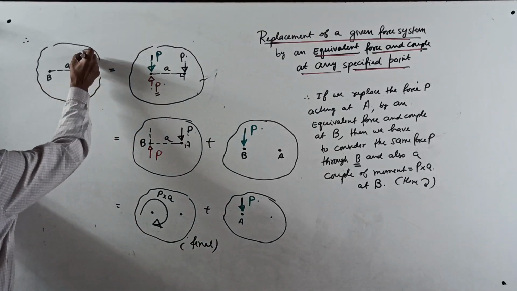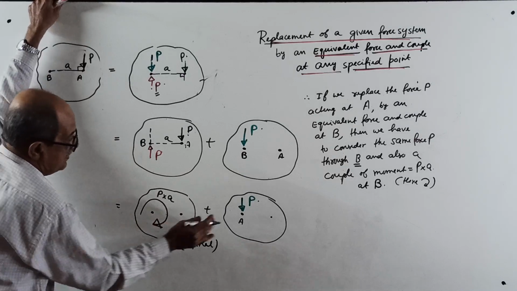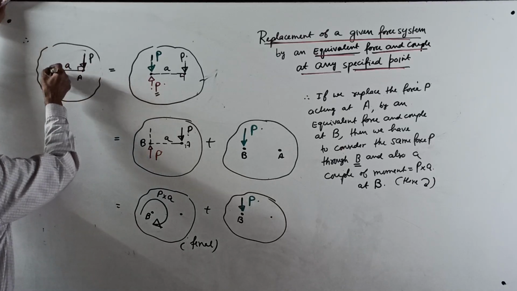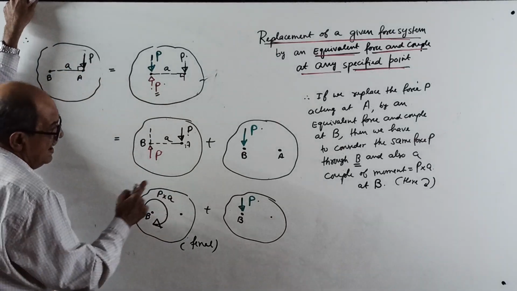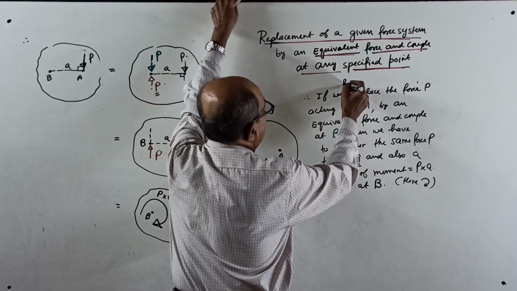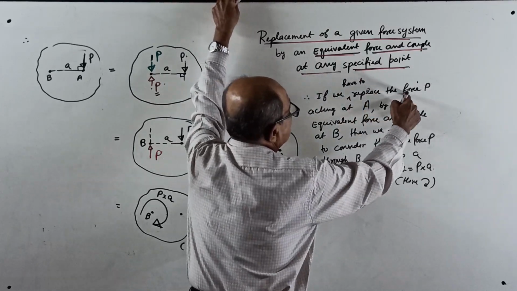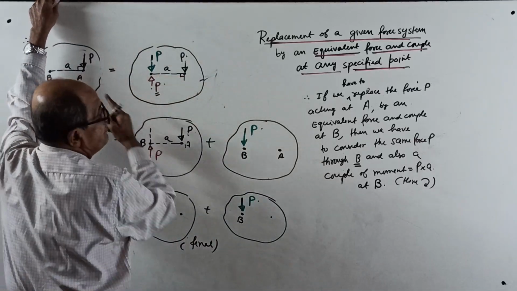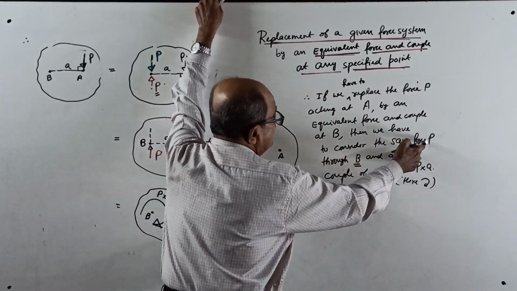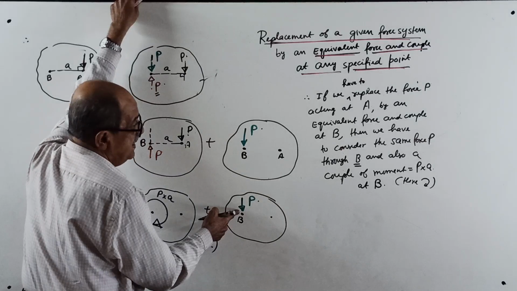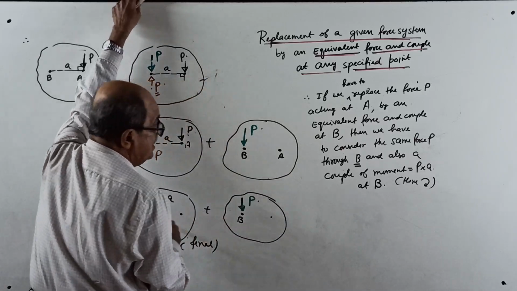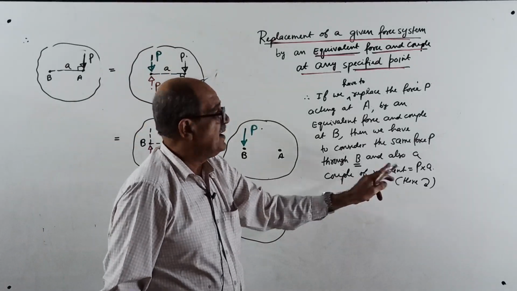So your original force P, when you replace the point, this is B. Okay, this is B. When you replace the point A to B, you get a couple P into A and also the force P. Or if we have to replace the force P acting at A by an equivalent force and couple at B, any point B, then we have to consider the same force P through B and also a couple of moment equal to P into A. In this case, it is clockwise as per this sketch, clockwise.